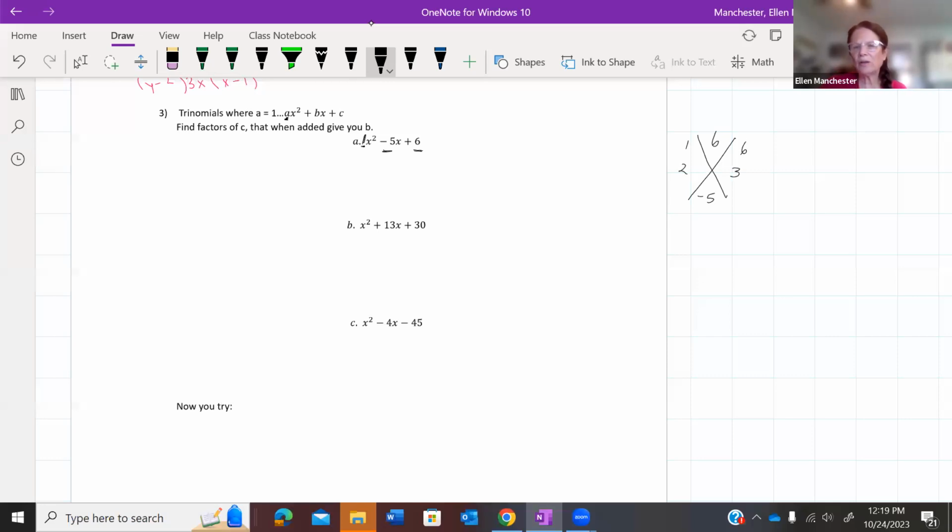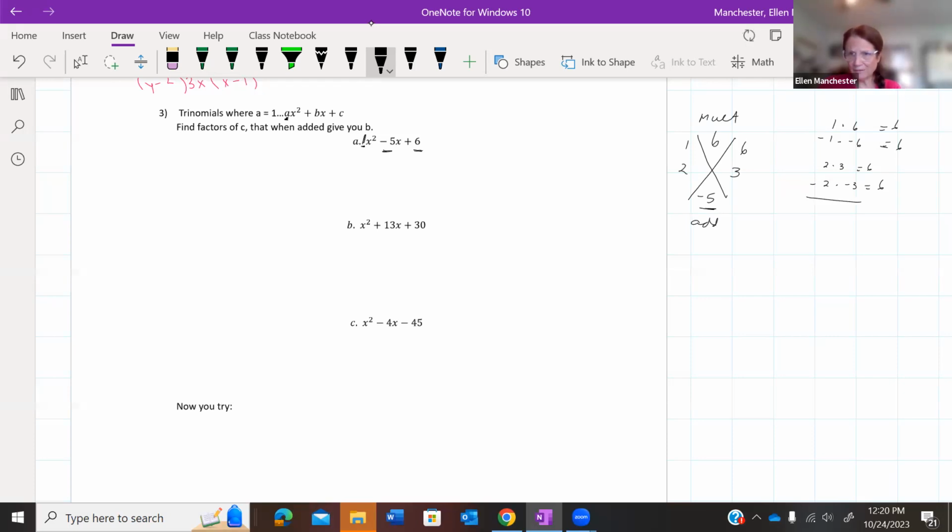So the only way to get a positive 6 is either 1 times 6 or -1 times -6. I still get positive 6, right? Or 2 times 3 or -2 times -3 is also a positive 6. Now, I'm multiplying to get 6 and I'm adding to get -5.